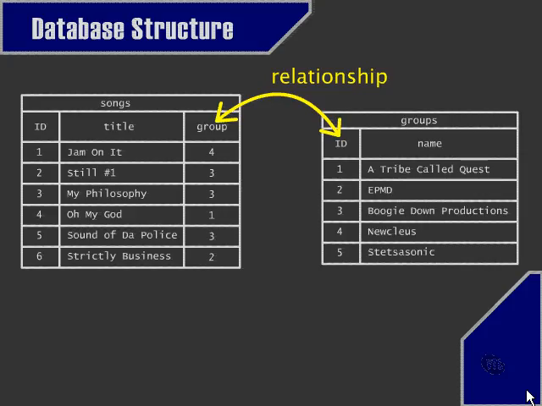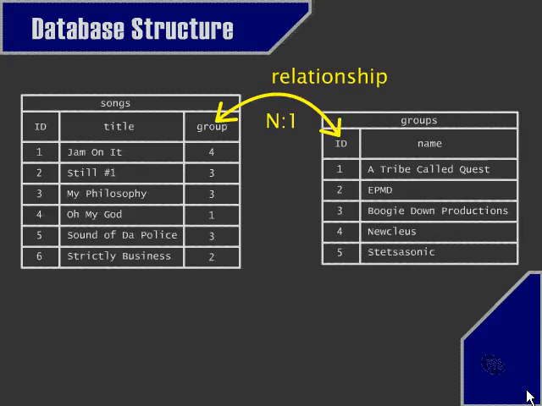This kind of relationship we're looking at here between the songs and the groups tables is known as a one-to-many relationship. This is how we write it if we were going to draw up an official database diagram. This is not in any way a well-formed database diagram, simply a simple way of representing some data.